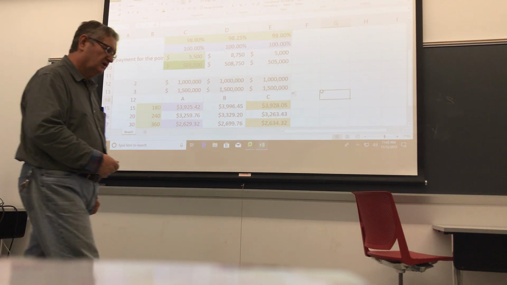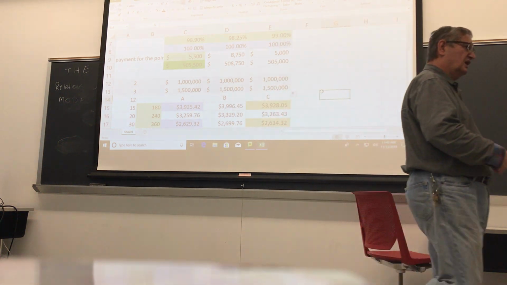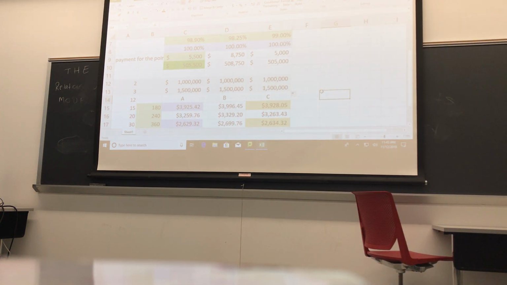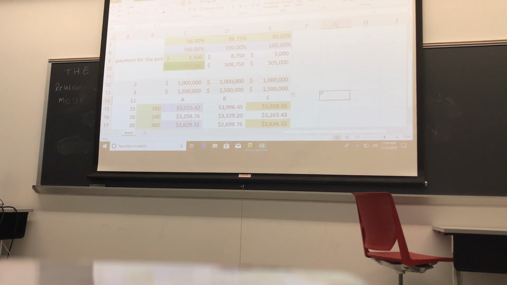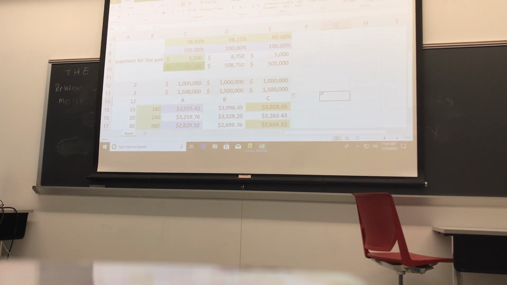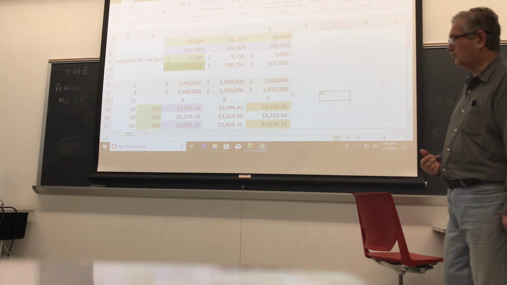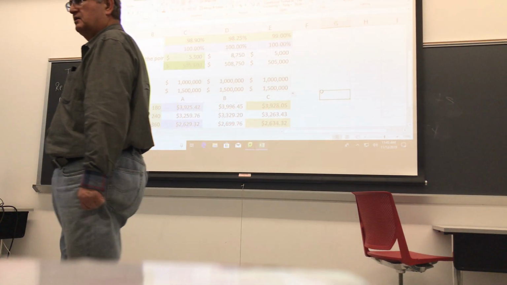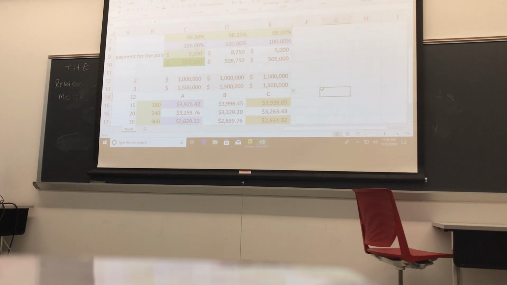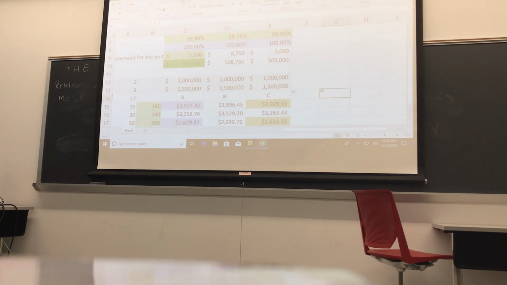You go after 15 years and you still have a loan. Is the loan more valuable than the value of the house, or is it less? And you want to do that for the choice that you have for that particular case.